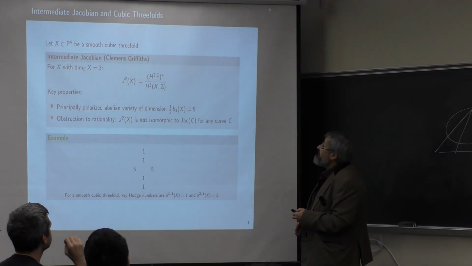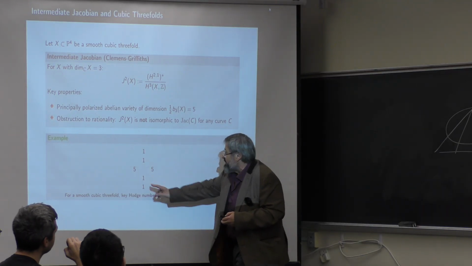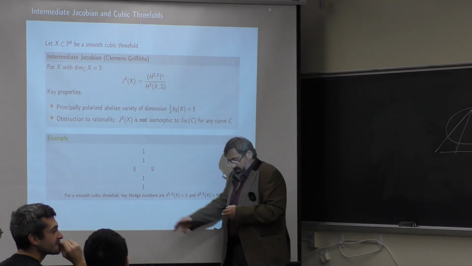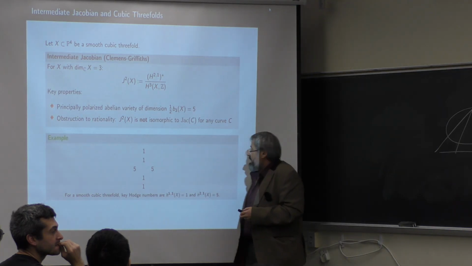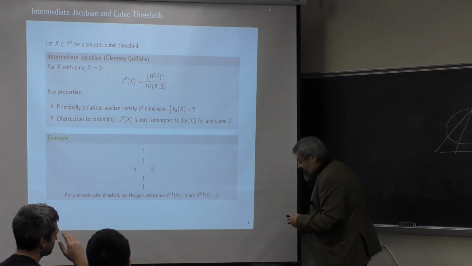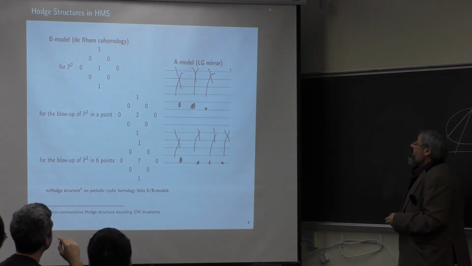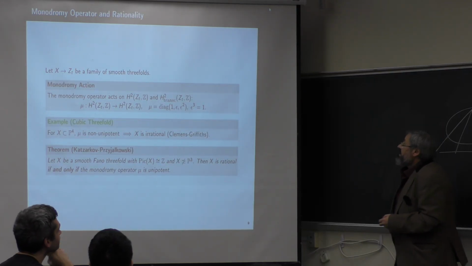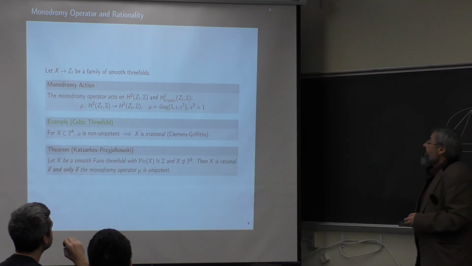So the Hodge diamond of the three-dimensional cubic was given by this, and then indeed if you go to the hyperhomology, you actually get the homology of the cubic with some rotation and shift. But you can go a little bit deeper and look at the information that this singularity actually carries.